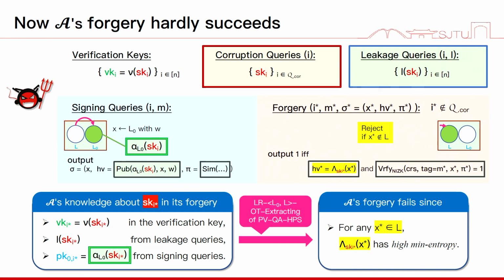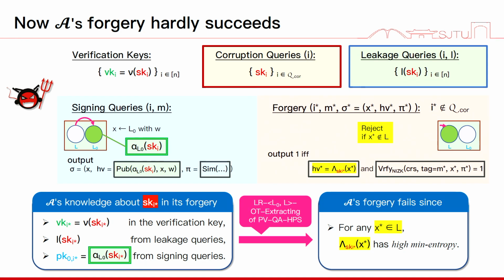Now we can show that the adversary can hardly succeed. This is because now the adversary's knowledge about the secret key in its forgery is limited in the following three parts. The VKI star from the verification key, and the bounded leakage information L SKI star from leakage queries, and the projection key alpha L0 SKI star from the signing keys, which is a projection key projected on the second language L0.